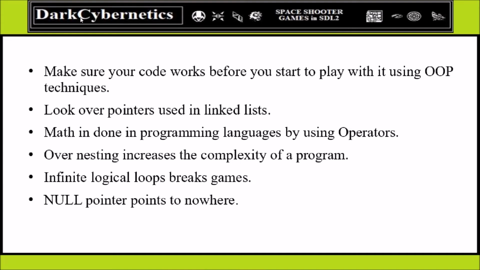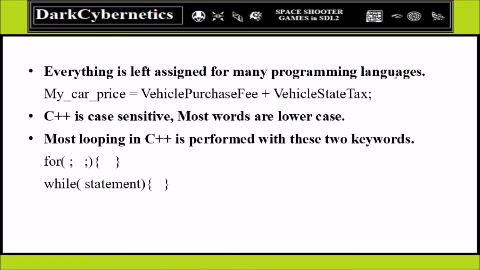And if we have logical errors, we create freezes and crashes. If we bind up the memory too much, the game will crash. If you're not familiar with linked lists, we need to look those up. There are certain keyword pointers, and if you point to nowhere, we use null. For those of you who aren't familiar with object-oriented programming, you may need to do some work, and we may go over some concepts in this video series.